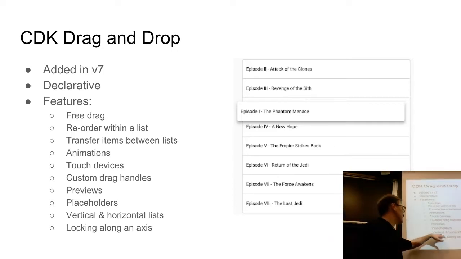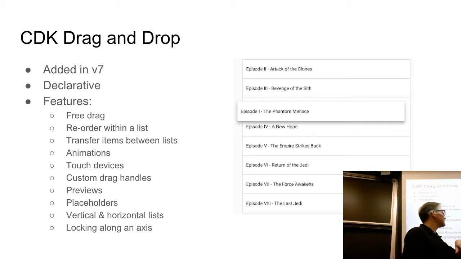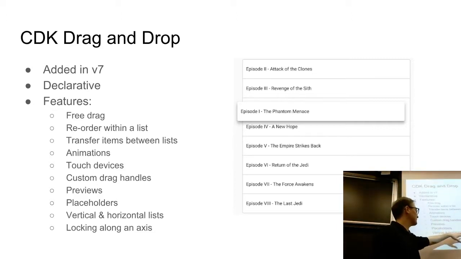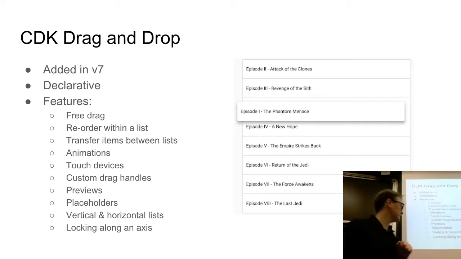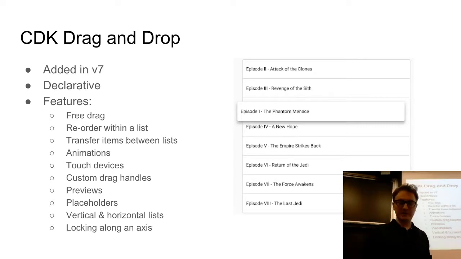You can also do vertical and horizontal lists. So here we have a vertical list. You can also use the CDK to do horizontal. You can also lock the movement of an item to one axis. And we'll see most of these features, if not all of them, in the example later.